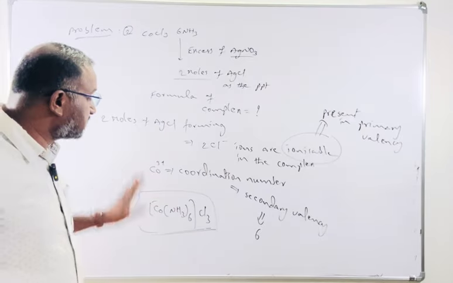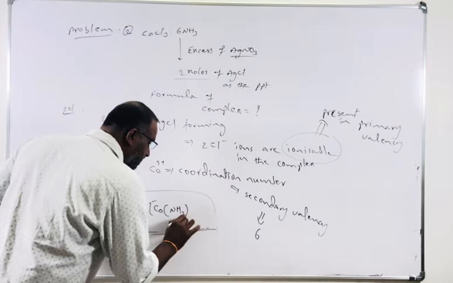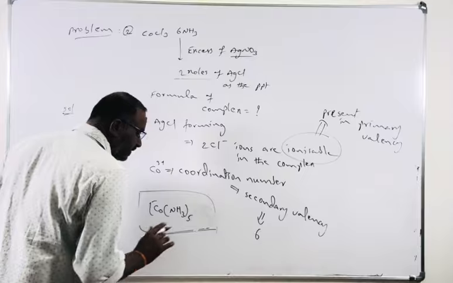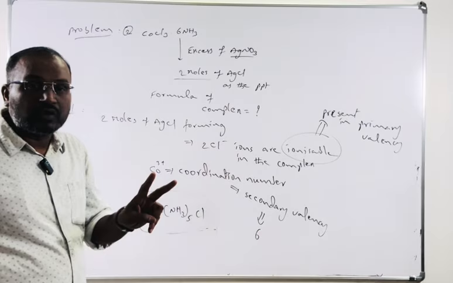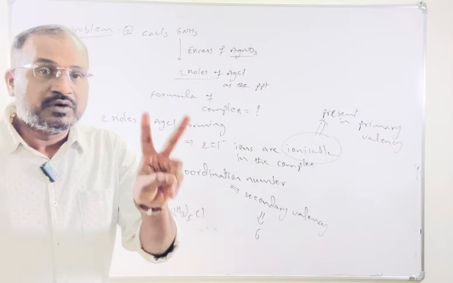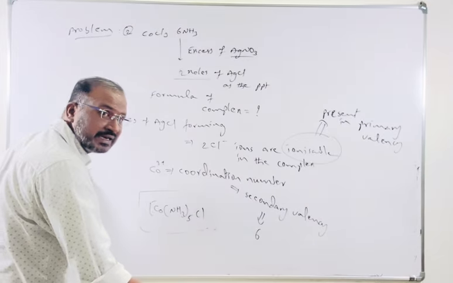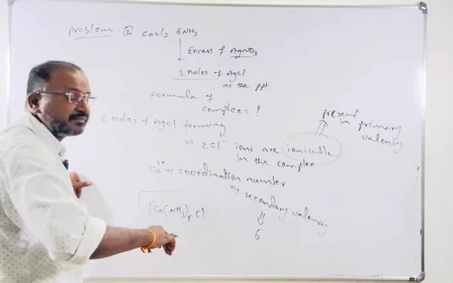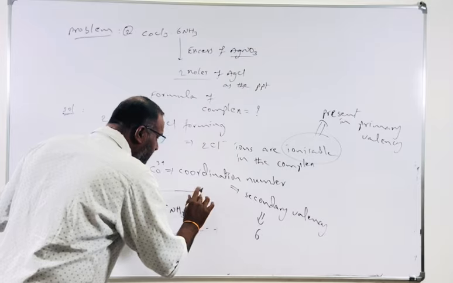So only 2 chlorides are ionizable, which means 1 chlorine is non-ionizable. 1 chlorine is non-ionizable means it is there in the secondary valency.